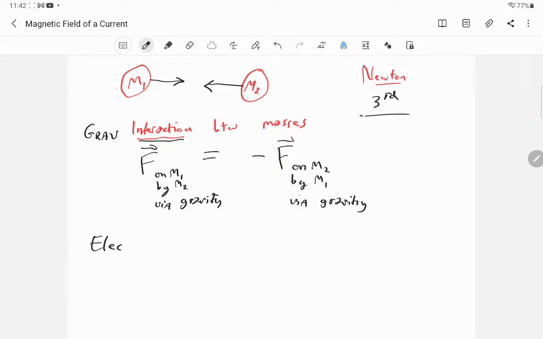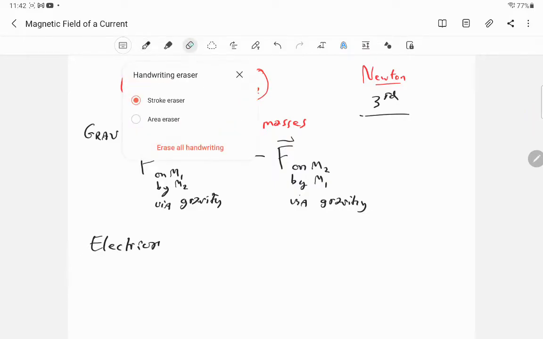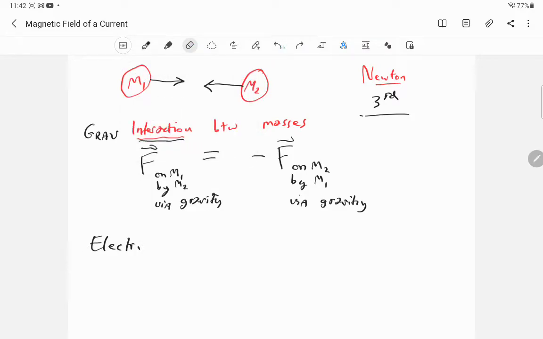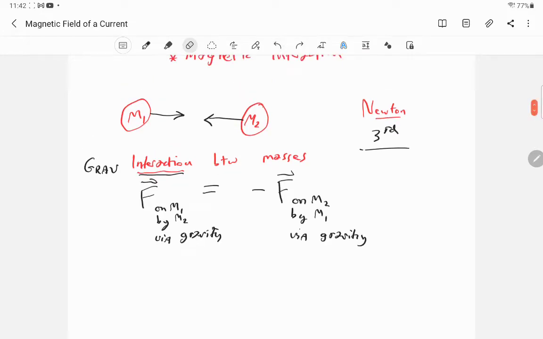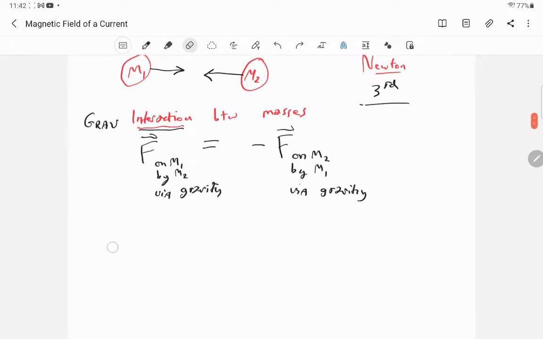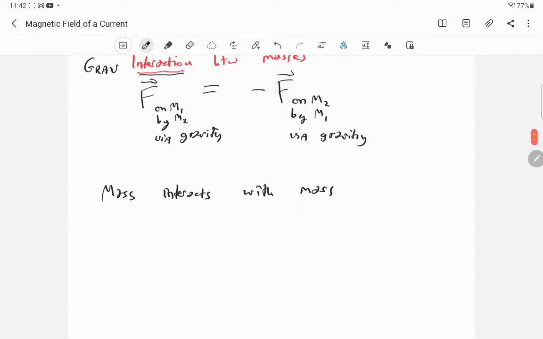Okay, the interesting thing is electrical interaction. Actually, let me back up. I wanted to go a little bit further with the gravitational interaction. Mass interacts with mass, and we have a field concept.